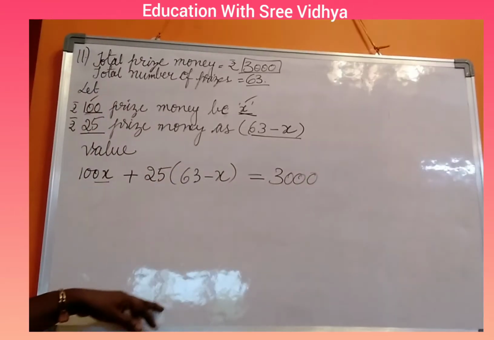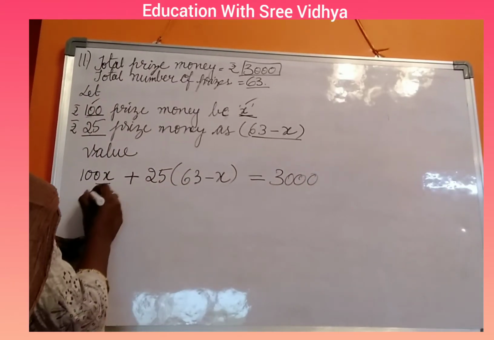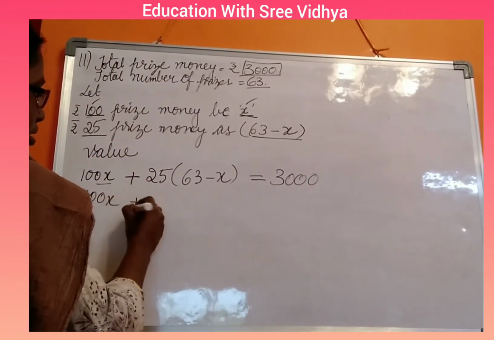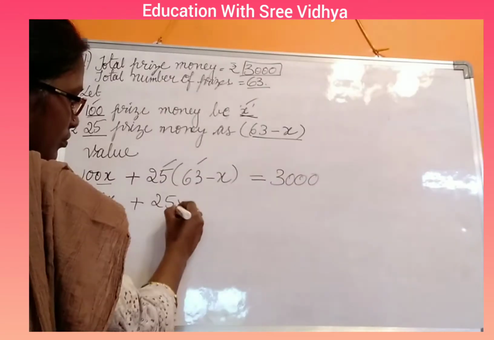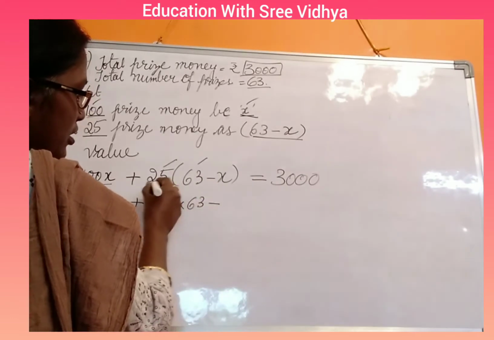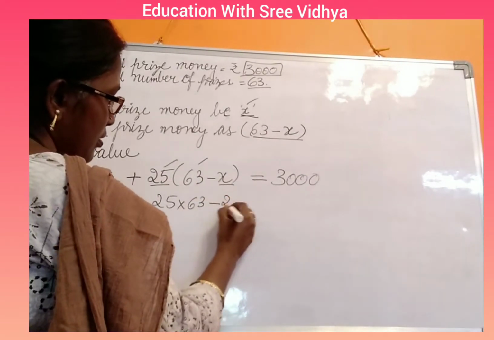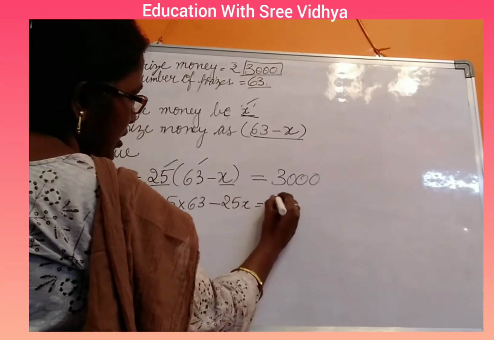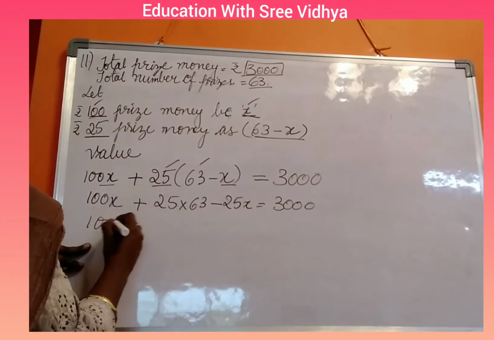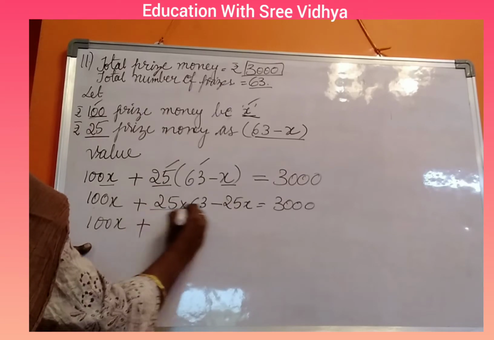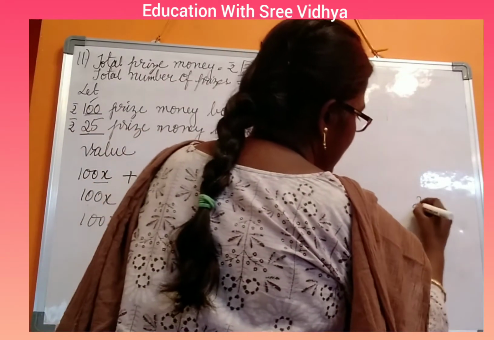Right children? Let us calculate this. 100 into X plus 25 into 63 minus 25 into X, 25X is equal to 3000. Now 100X plus, what is 25 multiplied by 63?